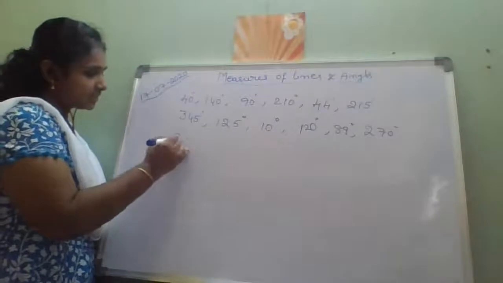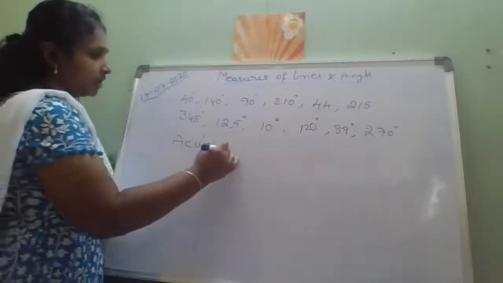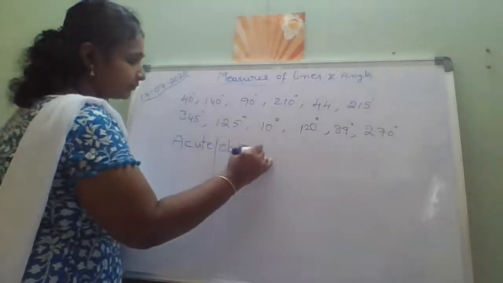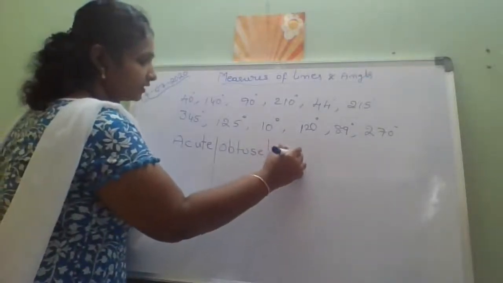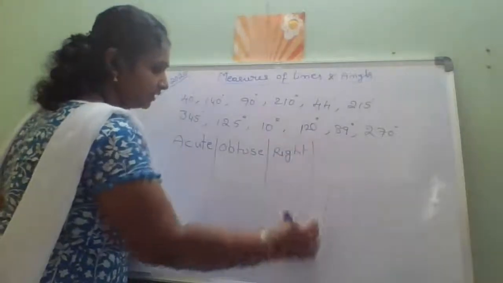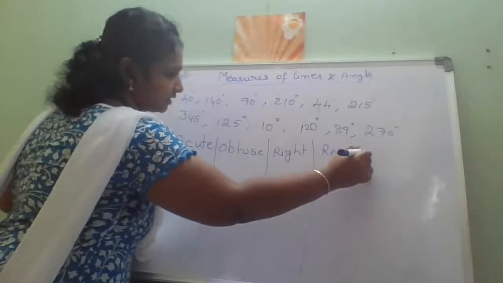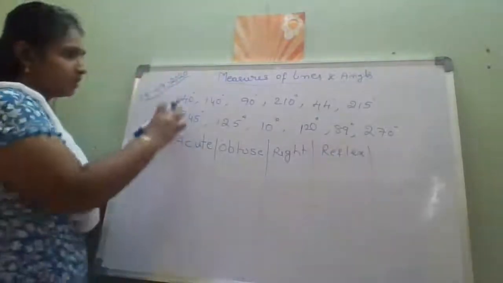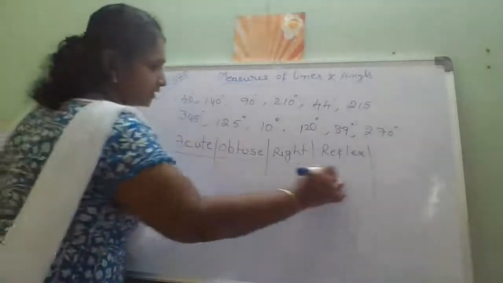So in these, the types are acute, obtuse, right angle and reflex. Now tell me, 40 degrees is which angle?